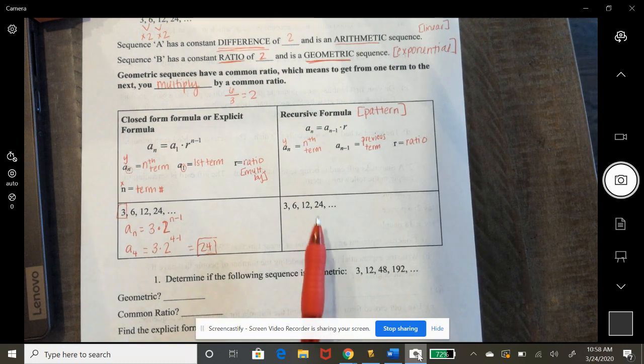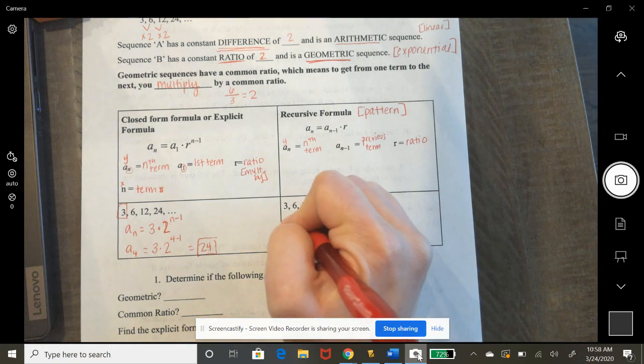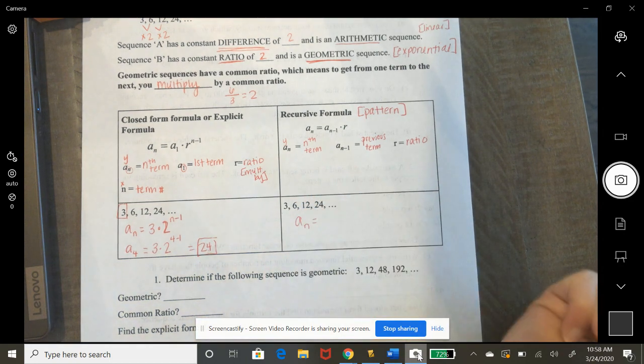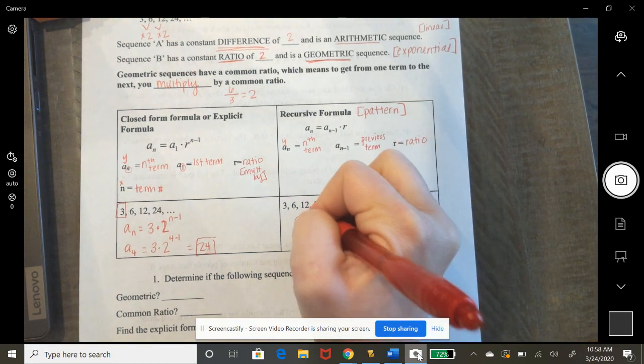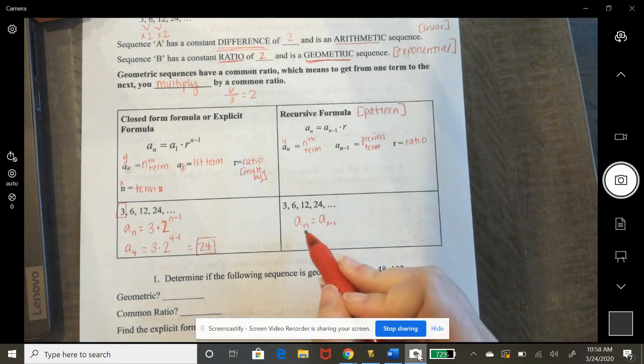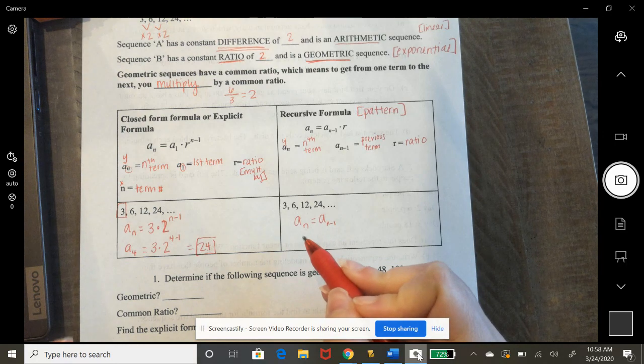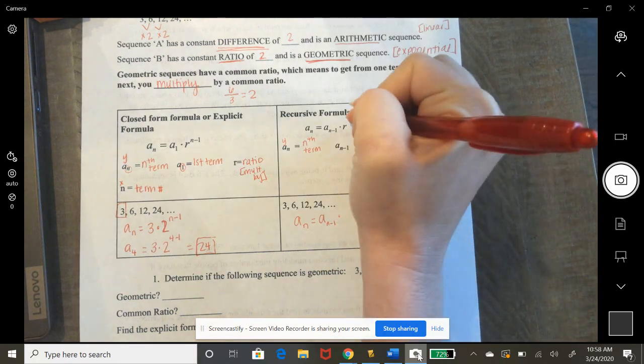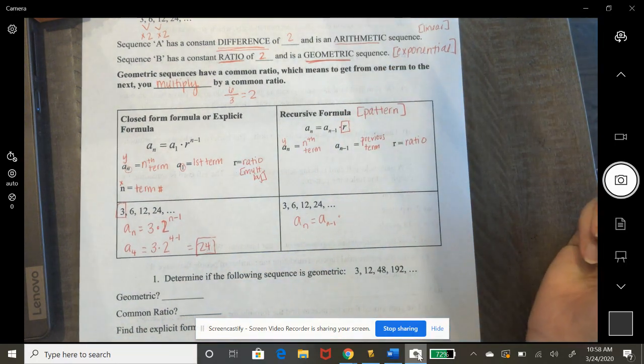So I'll write the formula and then I'll explain what it looks like if you want to find a term. So if we want to find the recursive formula for this same sequence, we do a_n equals, you actually leave the a_(n-1) because that's going to depend on what term you're looking to find. The only thing you plug a number in for is your r.